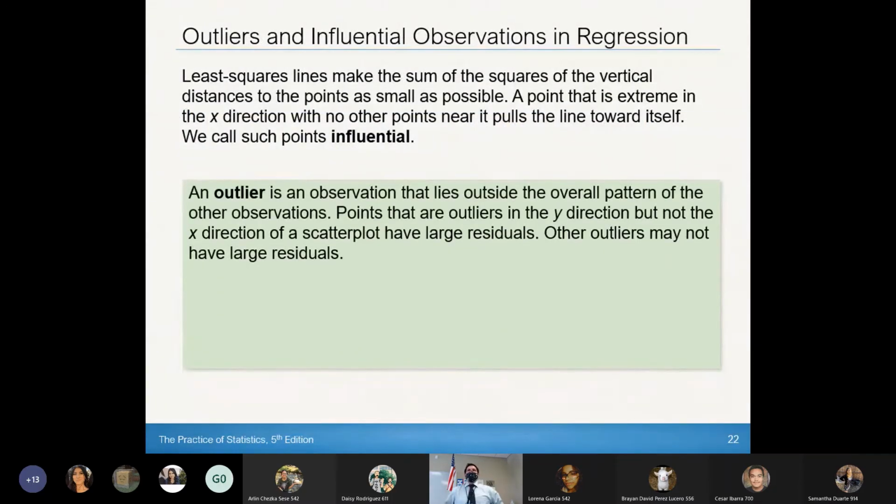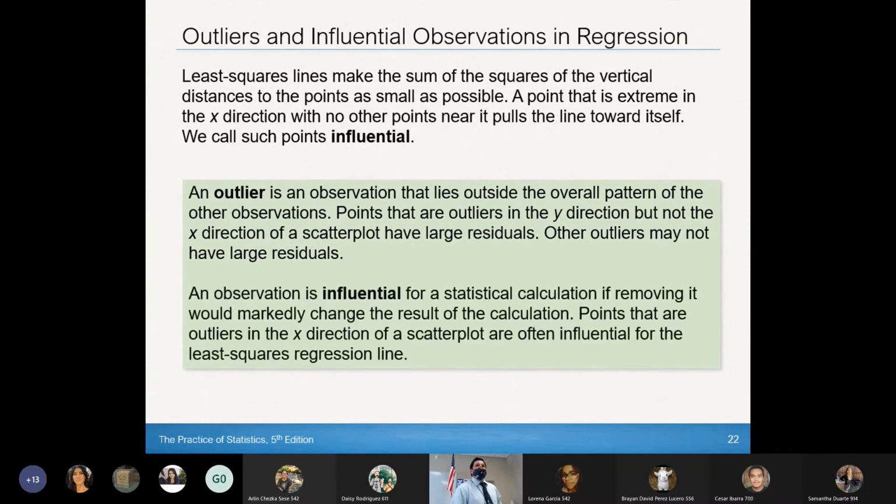An outlier is an observation that lies outside the overall pattern of the other observations. Points that are outliers in the y direction, but not the x direction of a scatter plot have large residuals. Other outliers may not have large residuals. And that kind of makes sense. An observation is influential for a statistical calculation if removing it would markedly change the result of the calculation.